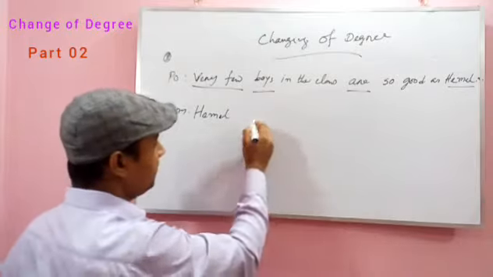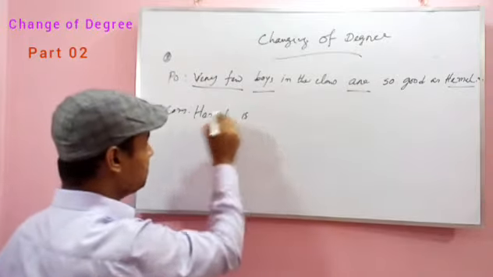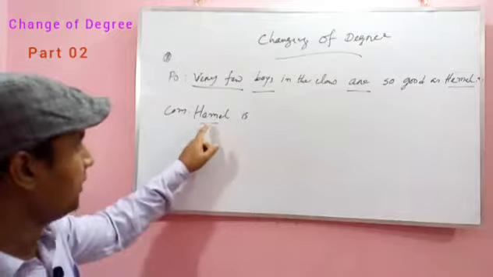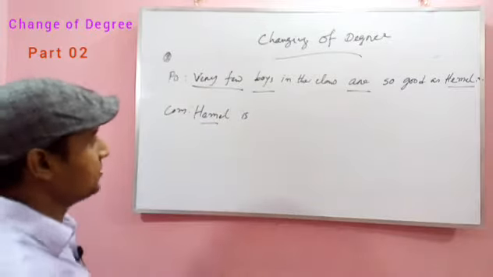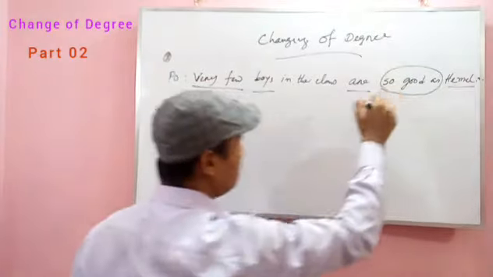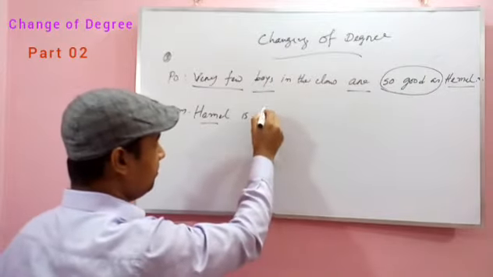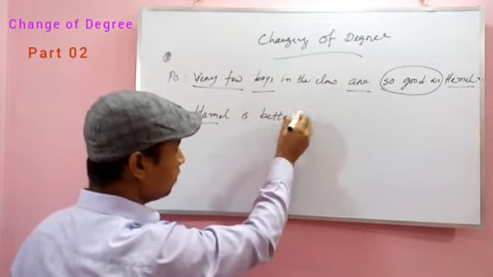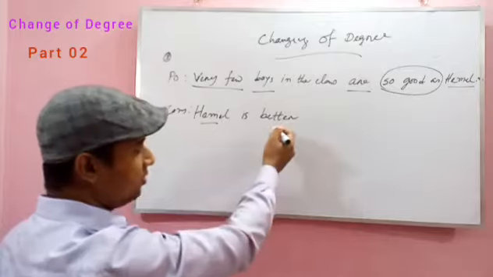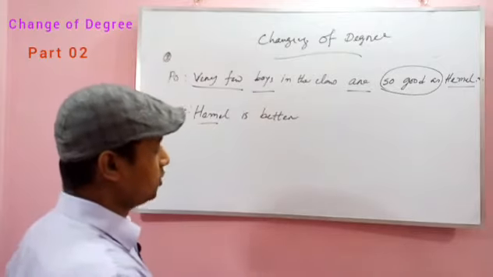then the verb changes into is because Himmel is third person singular number, so he takes is. So Himmel is, then this part changes: good, better, best. Comparative form better and superlative form best.